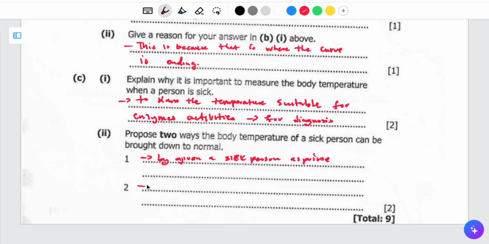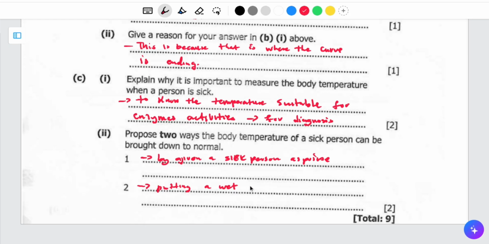Apart from that, you can also put a wet cloth on the forehead of a person to lower the body temperature. When I say wet cloth, I mean a cloth which has moisture, one that you have put in water or soaked in water.